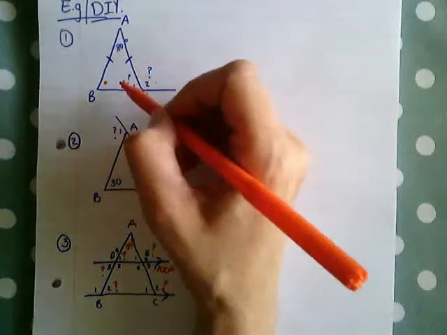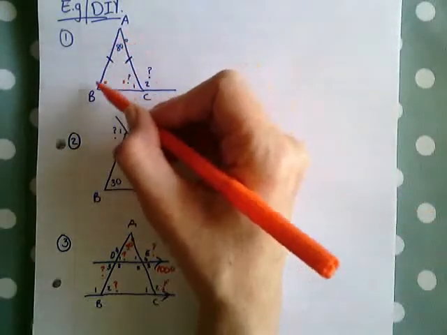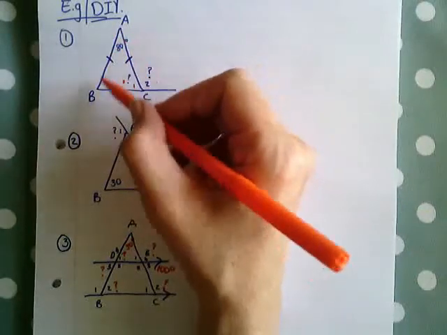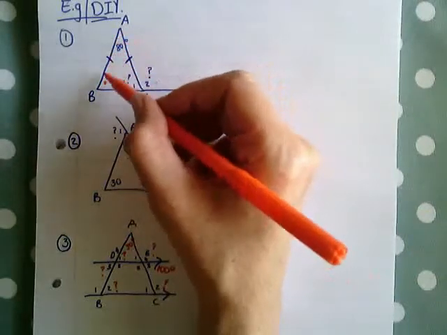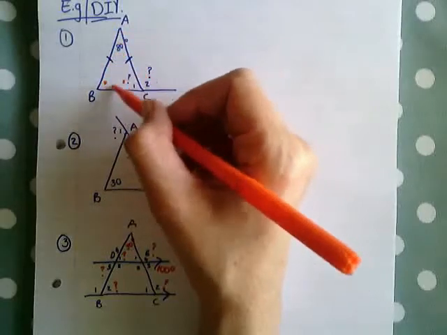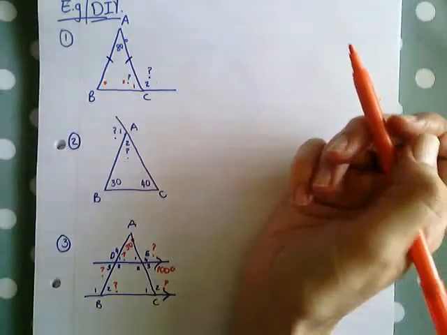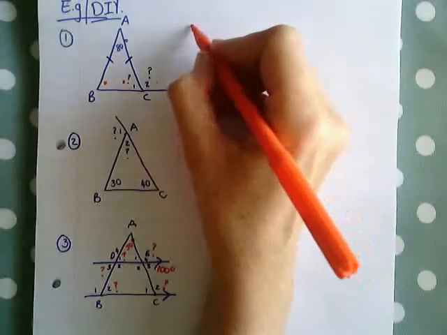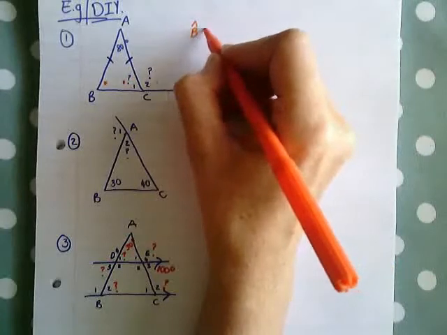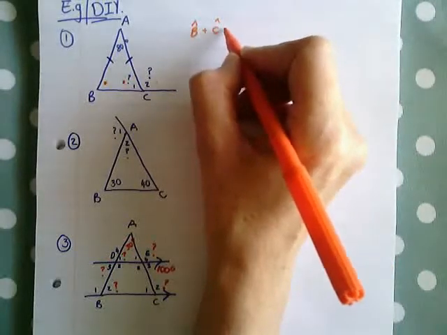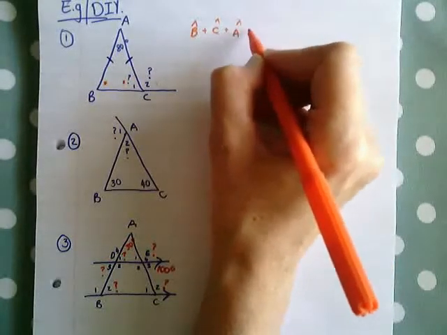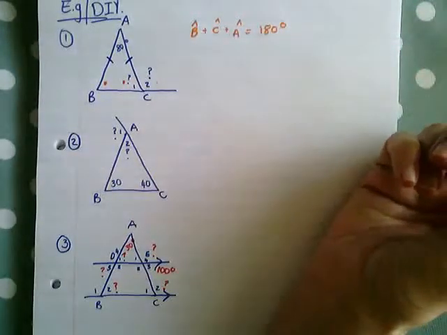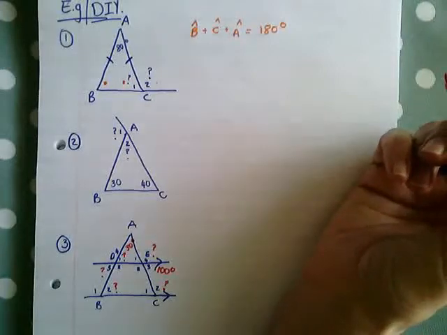Now we also know that the sum of the interior angles must equal 180 degrees. So die som van die binnehoeke van hierdie driehoek moet gelyk wees aan 180 grade. So hoek B plus hoek C plus hoek A is gelyk aan 180 grade. The sum of those angles equal 180 degrees.